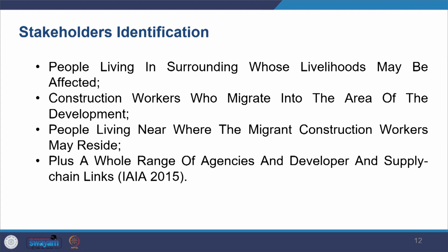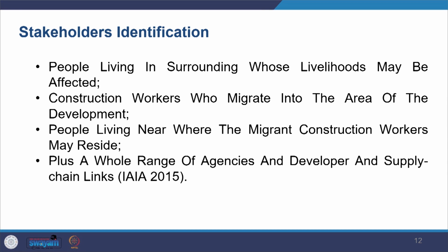Then it might also include the construction workers who would migrate into the area of development, coming to your site because of the construction work. And then it would also include people living near where the migrant construction workers may reside.